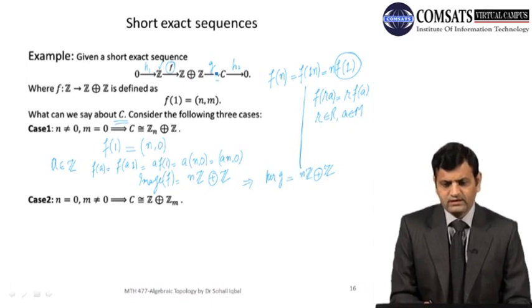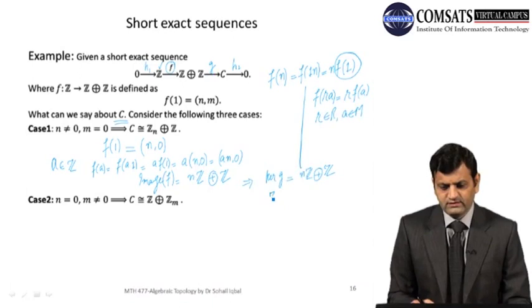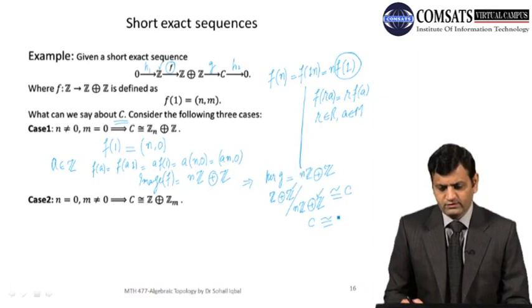Once again, g is a module homomorphism, and by using the first isomorphism theorem of modules, Z plus Z quotient nZ plus 0 must be isomorphic to C. In this case you can see that we are not disturbing the second Z, and we are just taking the quotient of the first Z by nZ, so we can say that this C is isomorphic to Zn plus Z.